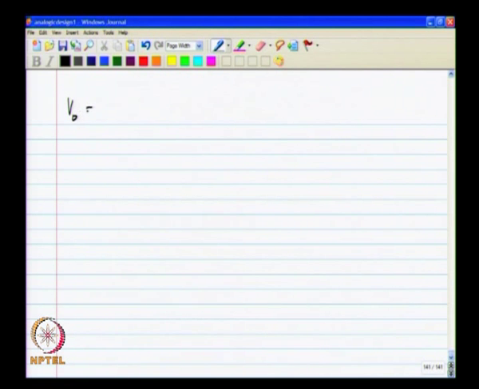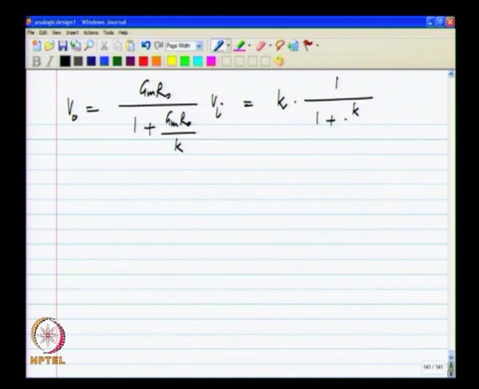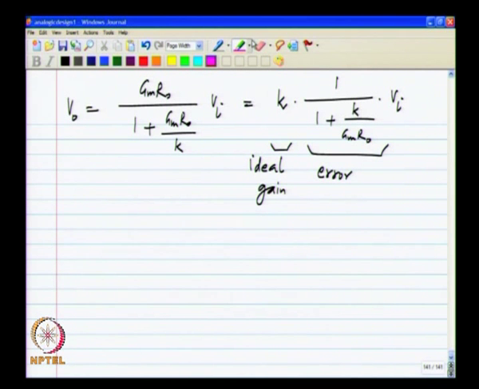That is very obvious if we write it in an alternative form, which is k over 1 plus k by GmRo times Vi. So, we have the ideal gain here and we have an error here due to the fact that Ro is not infinite.